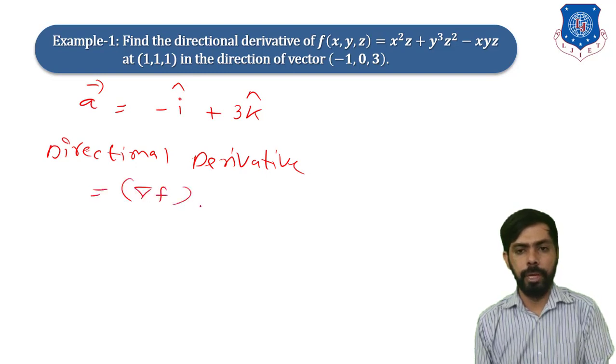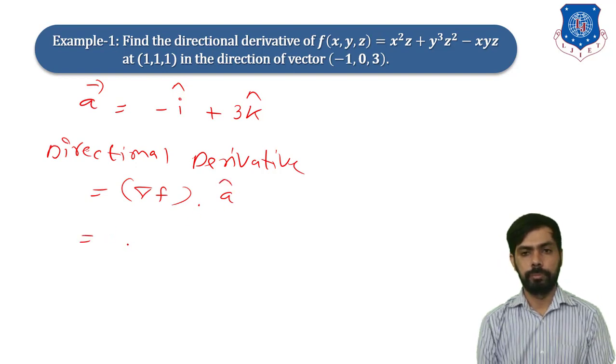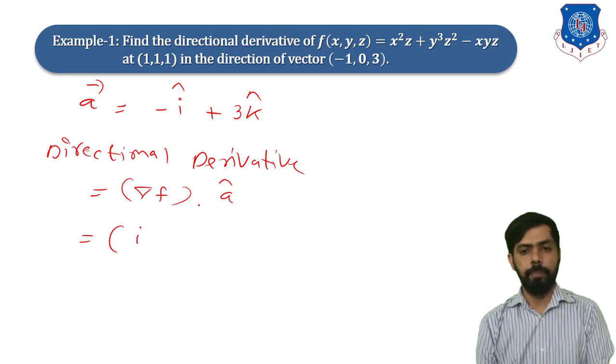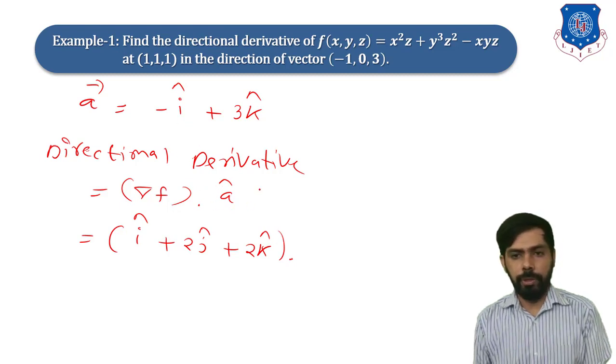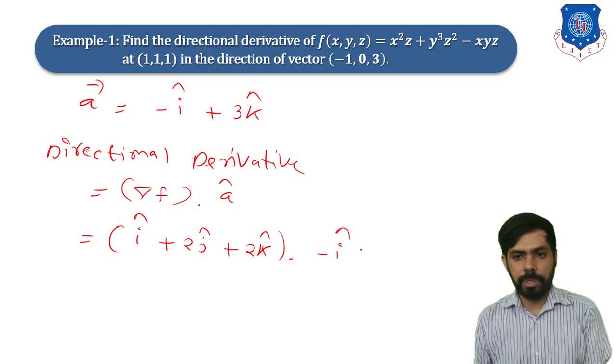So what is gradient f? As we have already found, gradient f is i cap plus 2j cap plus 2k cap, dot. Now here a cap, what is the meaning of a cap? It is the unit vector in the given direction. So here it will be minus i plus 3k divided by its magnitude.